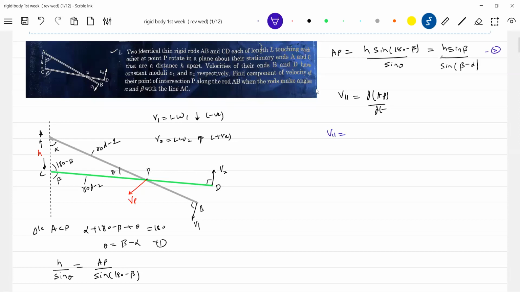So V parallel is equal to H sine of dB by dt.